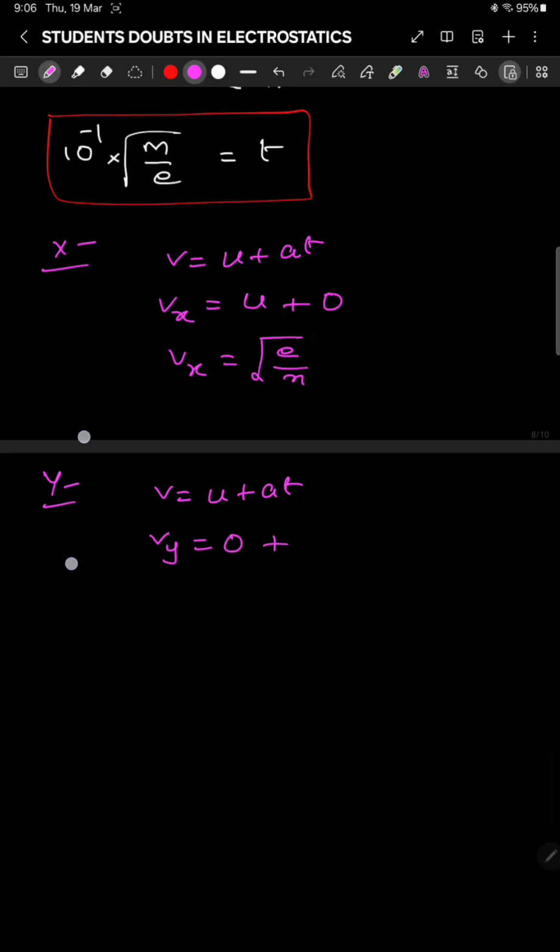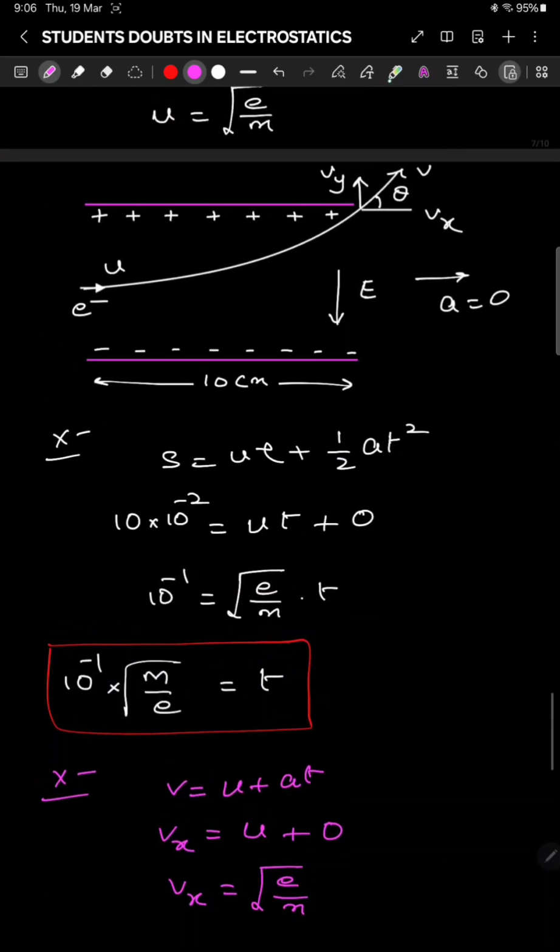Acceleration along the y-axis: the only acceleration we had was along the y-axis, so that acceleration is a equal to eE by m. Here q means electron charge e, that means eE by m.